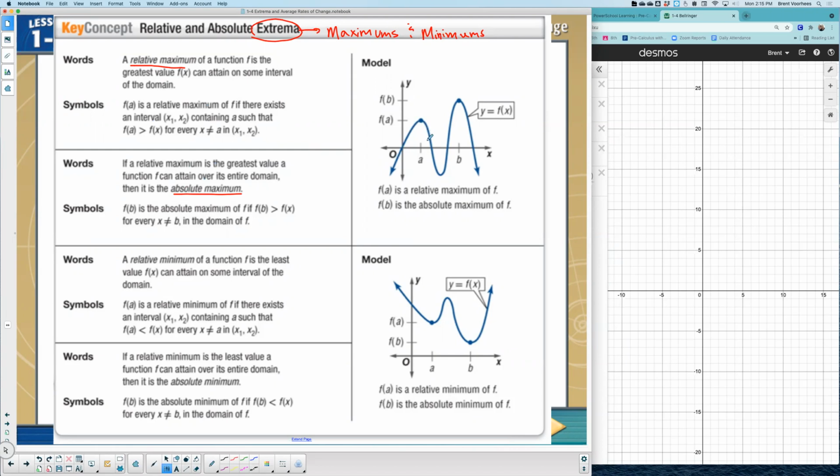If you're increasing and then you change directions, it creates a maximum. So this maximum right here is what we would call a relative maximum. You can also call it local. This lesson refers to them as relative, so I'll call it a relative. This would be a relative maximum, and I'm just going to say relative max. As opposed to this one, this maximum would be called a absolute maximum.